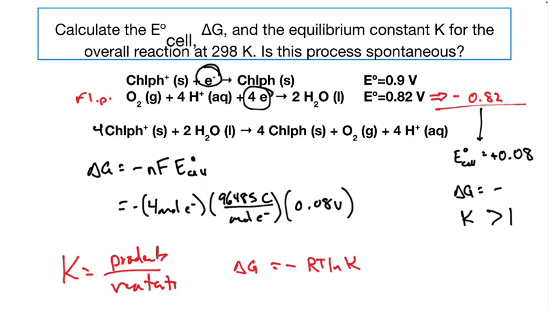Yes. Do I know R? What is R? Fair. What is the number? 8.314 units. Joules per mole Kelvin. Do we know T? 298. Good. Do we know K? No, but now we can rearrange algebra and figure out what it is. Does that make sense? Okay.